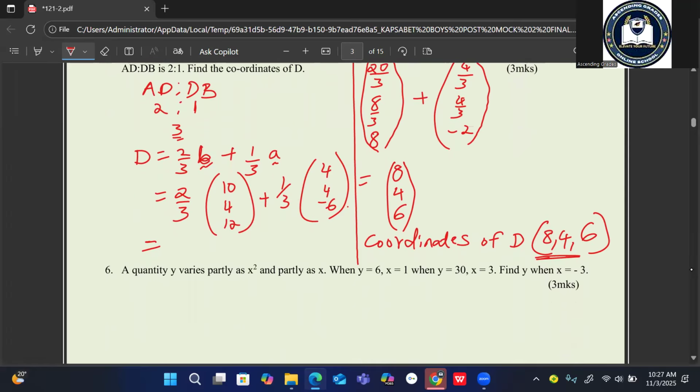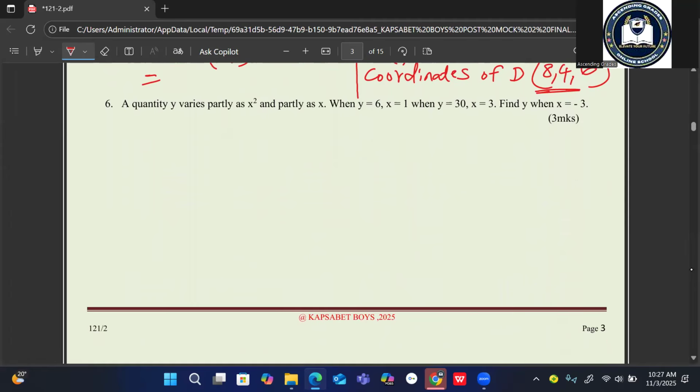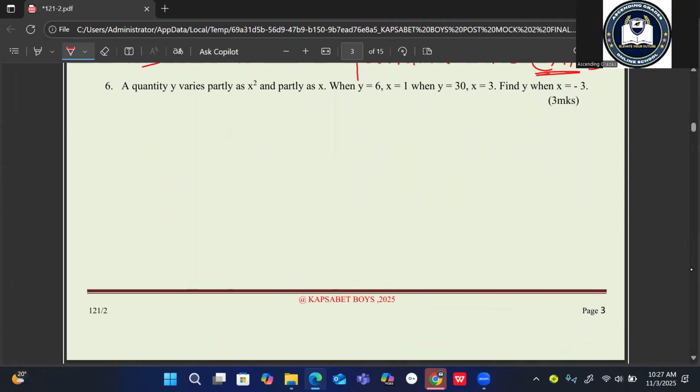A quantity y varies partly as x squared and partly as x. When y is 6, x is 1. When y is 30, x is 3. Find y when x is -3.